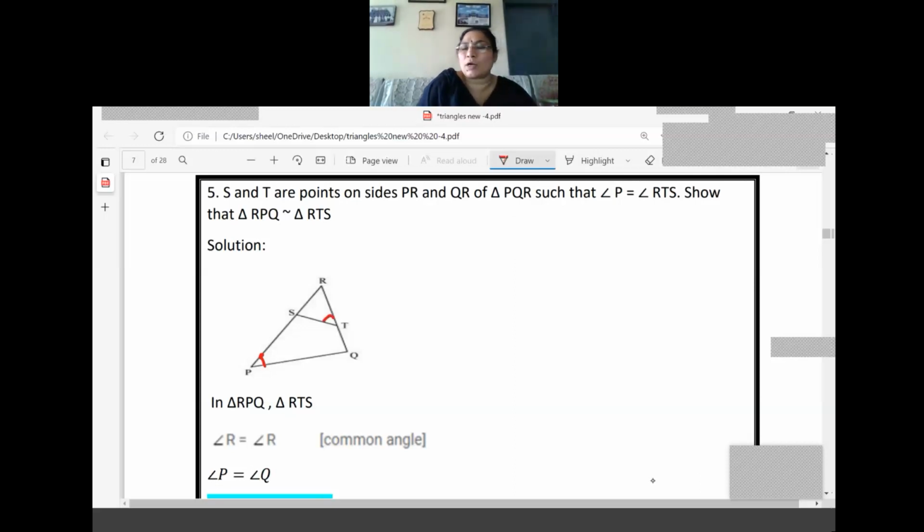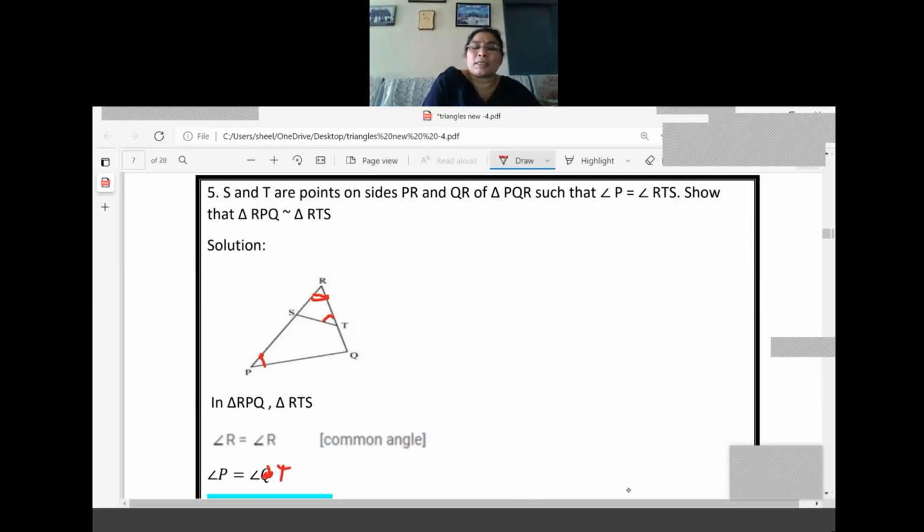Angle T is marked. So already we got one angle in respective cases. Now what is the other angle we should get? It's a common angle, angle R only. Right? So angle P equal to angle T only, and R is the common angle there.